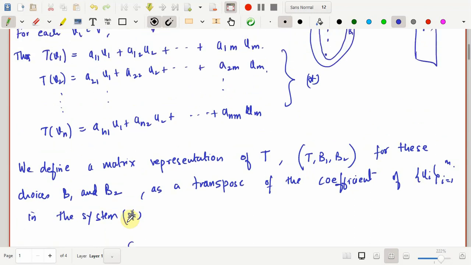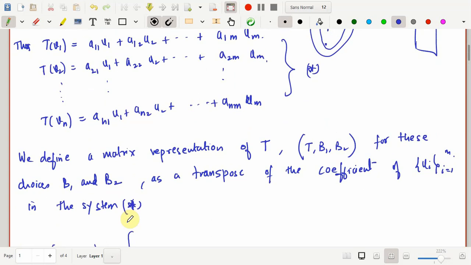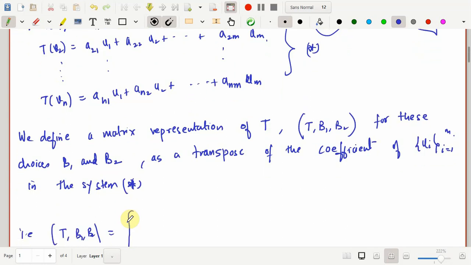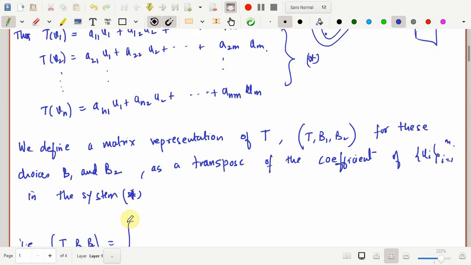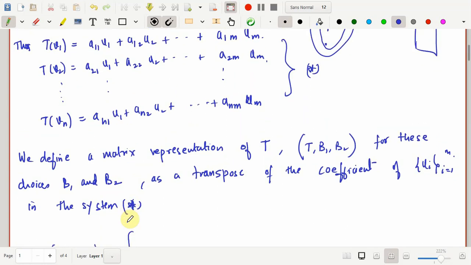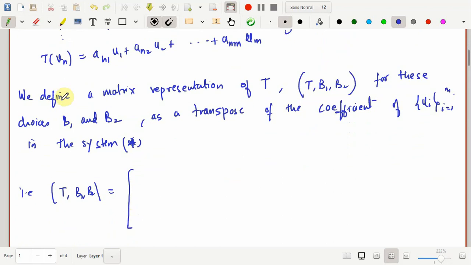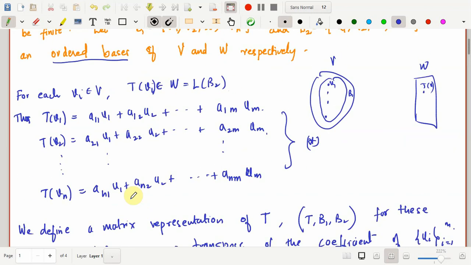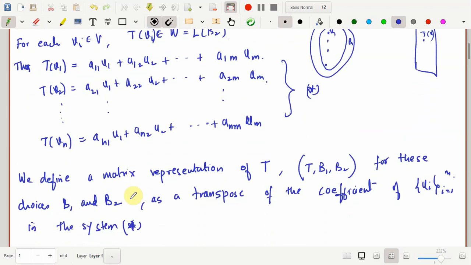Now in this case, let us see what the matrix is. As I mentioned, it's a transpose of the coefficient. So it's not going to be the first row a11, a12 till a1m. In fact, that will transform into the column. So this a11, a12, the first row, that is the coefficient of the first equation, will become your first column.